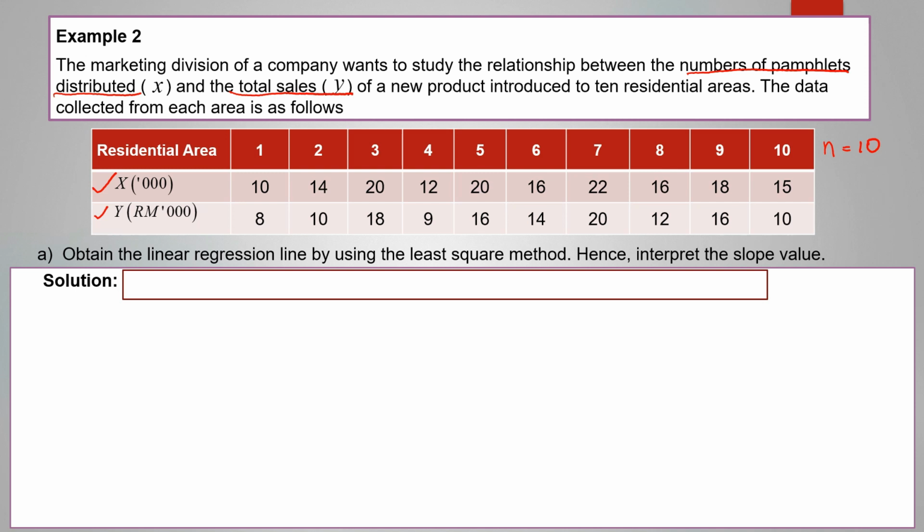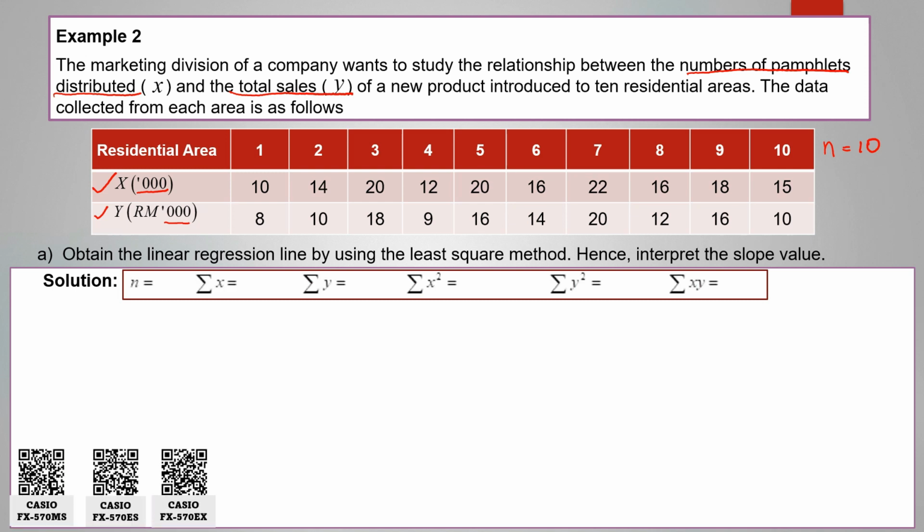After that, you should know that X is written in 1000 and Y is also written in 1000, but the difference is X is in units and Y is in RM. Next, let's proceed. What we need to do is find all the summations.